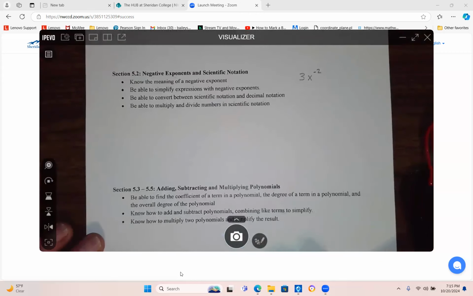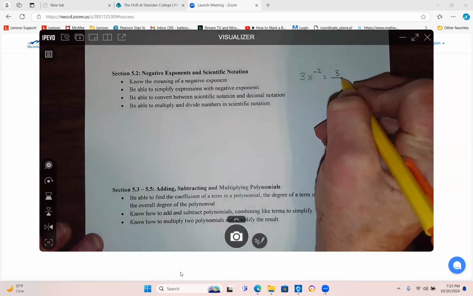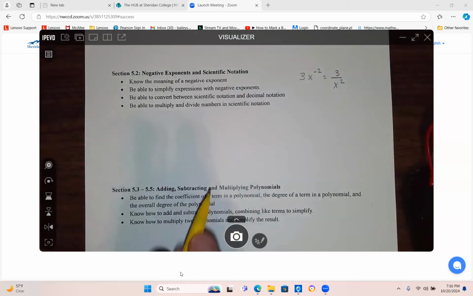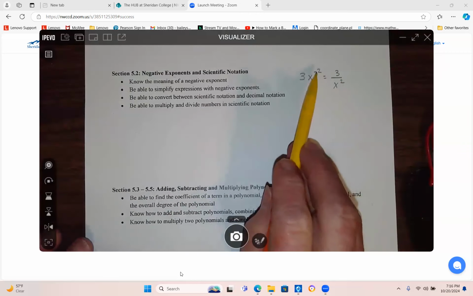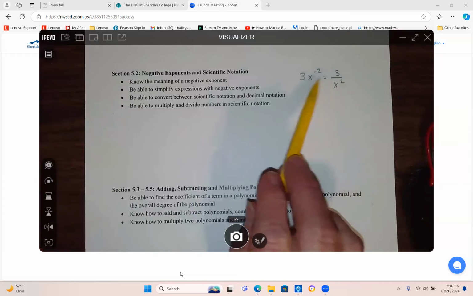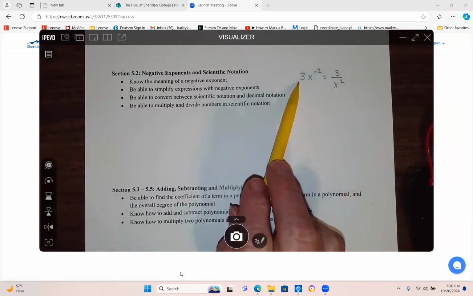This would be equal to 3 over x squared. So a negative exponent changes its position. If it's in the numerator, it goes to the denominator. So these two are equivalent statements. They are equal. They mean the same thing.